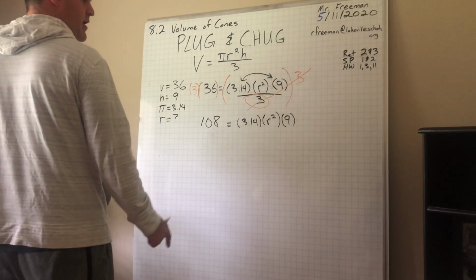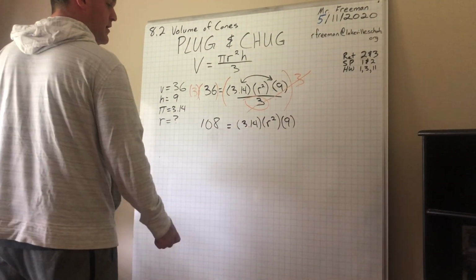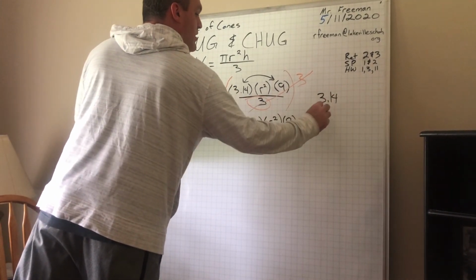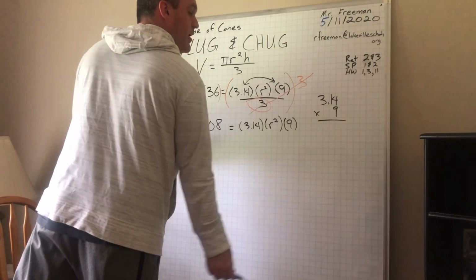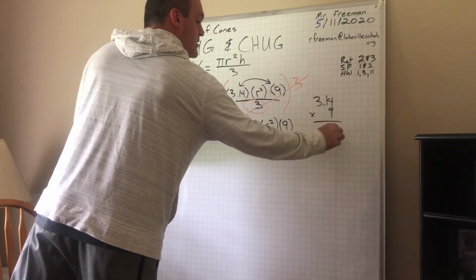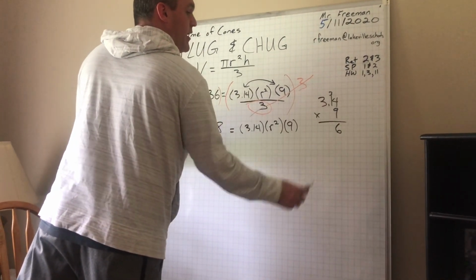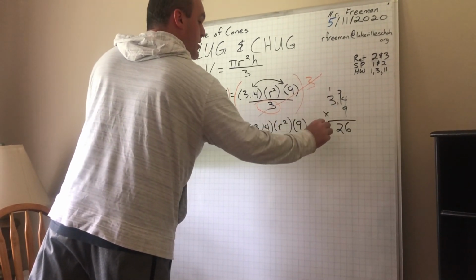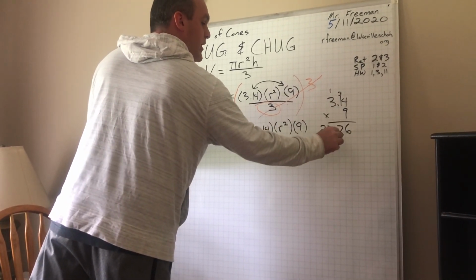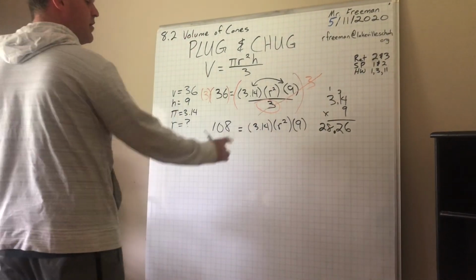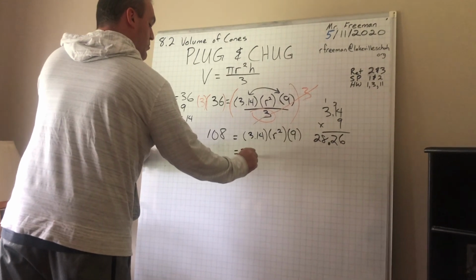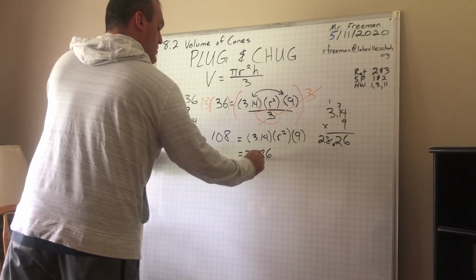Okay, now we can get back to what order we might want to do these in. If I do 3.14 times 9, and like I said, I didn't do a calculator on these ones, which is okay. I can show you what we're doing. 9 times 4 is 36. Carry 3. 9 plus 3 is 12. Carry 1. 27 plus 1 is 28. We have 2 decimal places, and so 3.14 times 9 is 28.26.